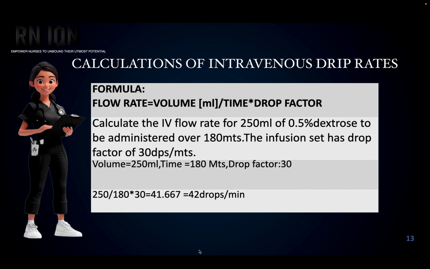Here the total volume is 250 ml and the time is 180 minutes, and the drop factor is 30. Simply apply that into the formula, that is 250 divided by 180 into 30, that is 41.667. You can round it as 42 drops per minute.